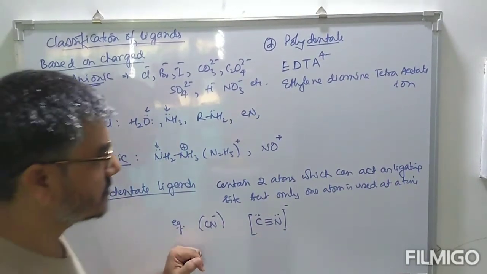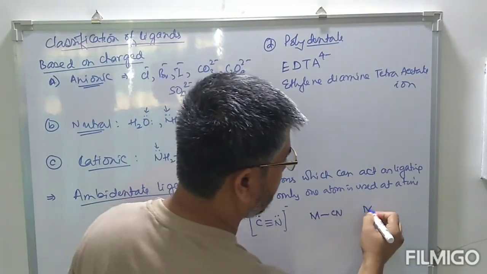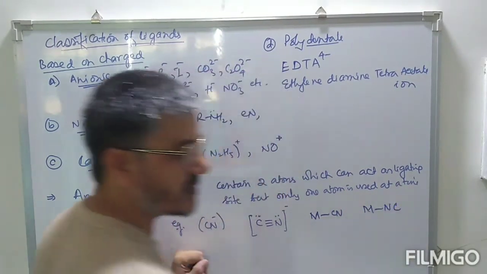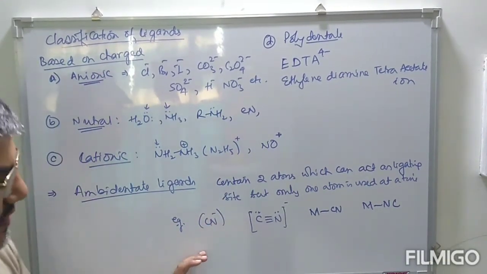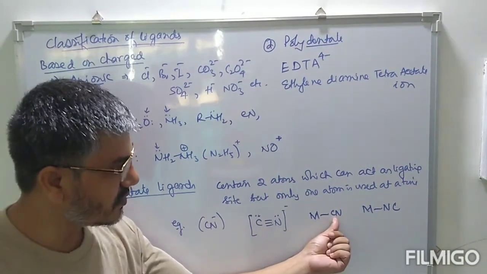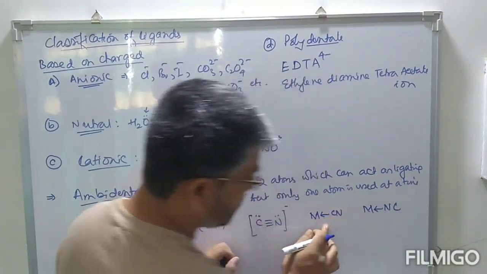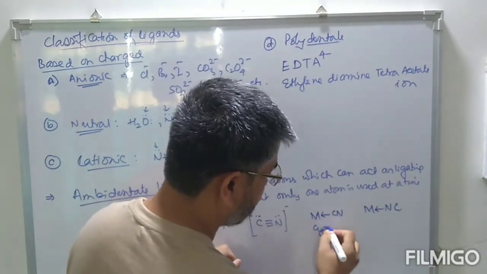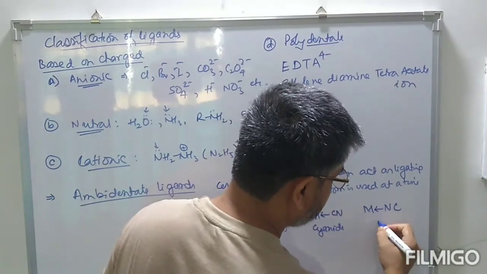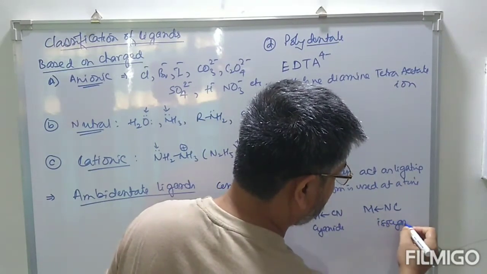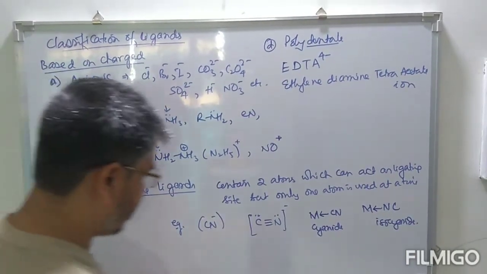So we can have M-CN, or we can have M-NC. These types of ligands are what we call ambidentate ligands. Bonding can be through carbon or through nitrogen. If the bonding is through carbon, we say this is cyanide. If bonding is through nitrogen, we say this is isocyanide.